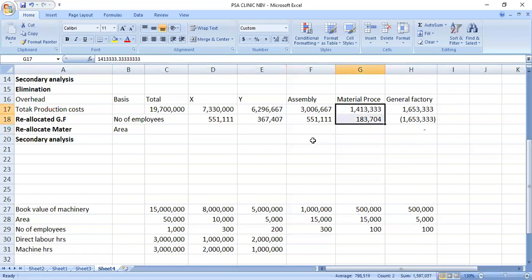This one is 1.59, and also ascertain the total of this. This one is 3.5, meaning that assembly is bigger than what? Material. So in distributing, we'll distribute this one first.